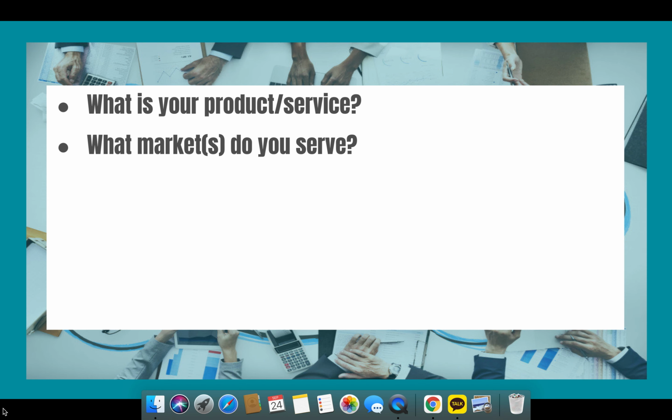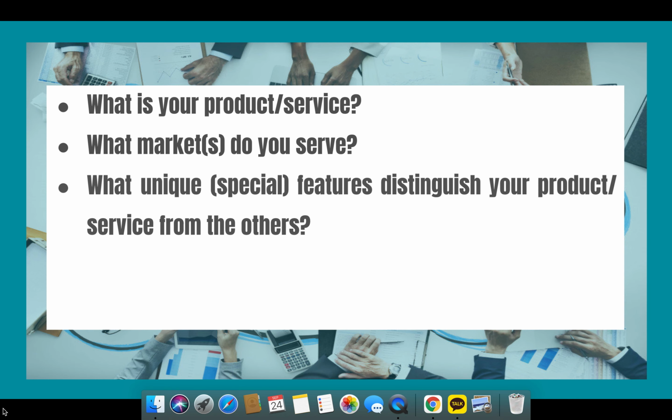You have to have that in mind so that you can concentrate on what you would like to develop for them.